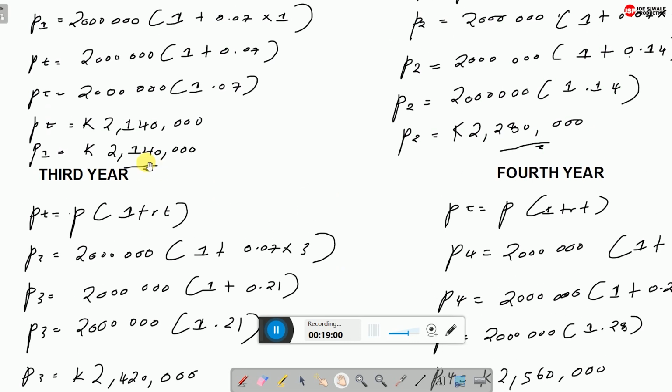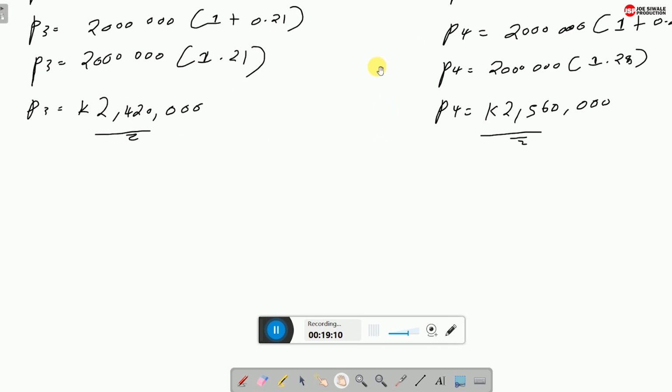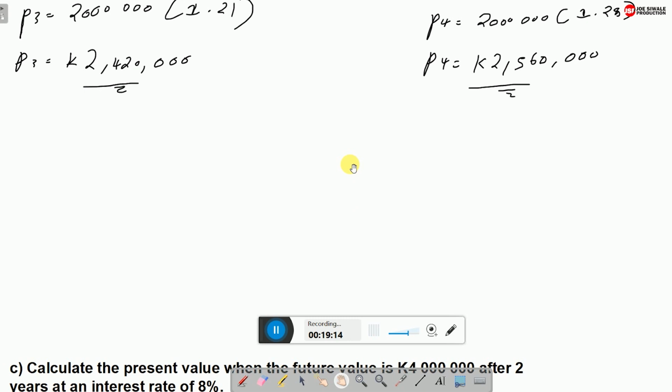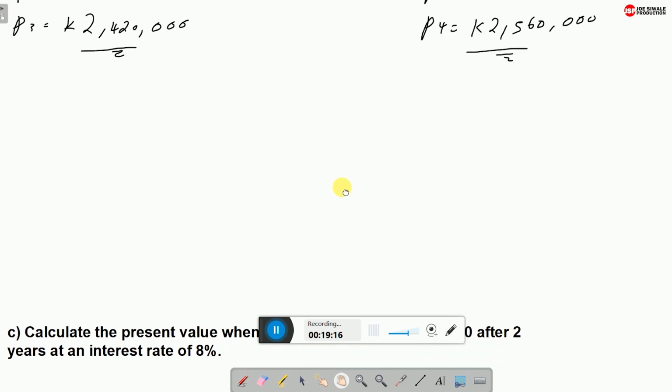So we know that in our first year we have 2,140,000. In our second year we have 2,280,000. In our third year we have 2,420,000, and in our 4th year we have 2,560,000.